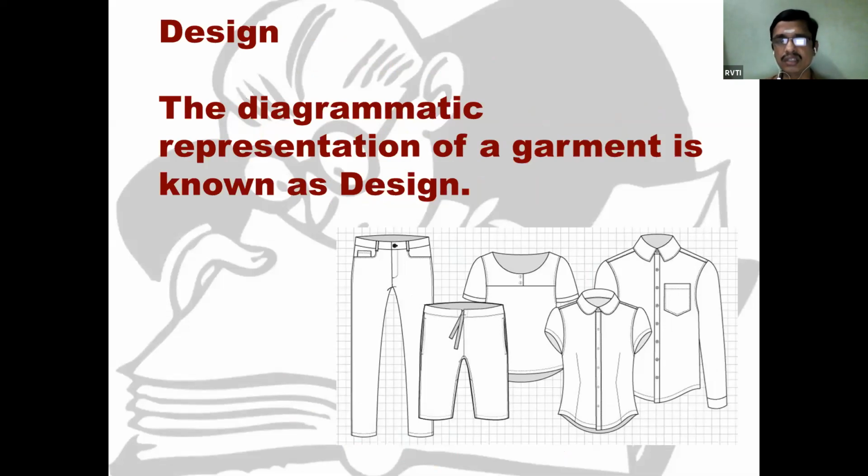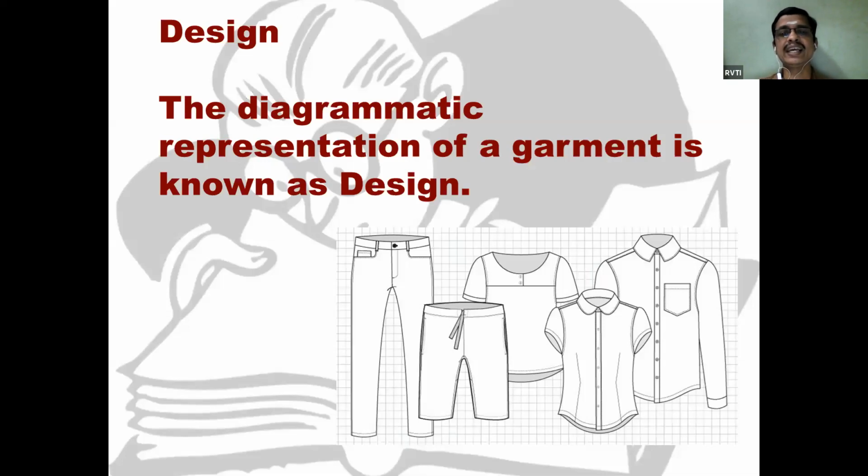Suppose I want to construct a garment. I have to give that order to somebody, and I can't orally explain that my garment should look like this and that. Instead of explaining, a small diagram or figure can easily help others understand what I actually need.